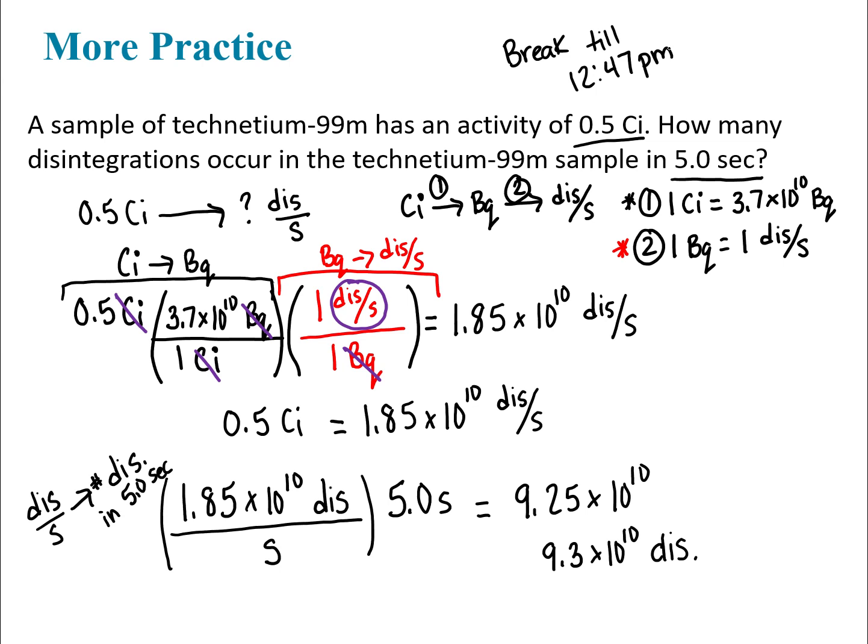But are there any other specific questions about this problem? Yes, it is an exact number, the 3.7 times 10 to the 10.